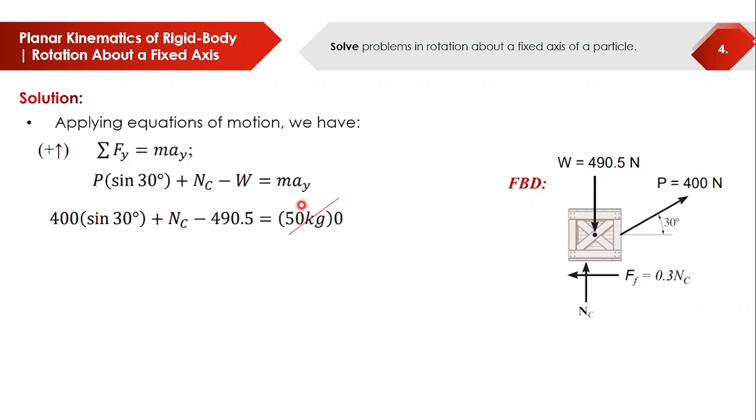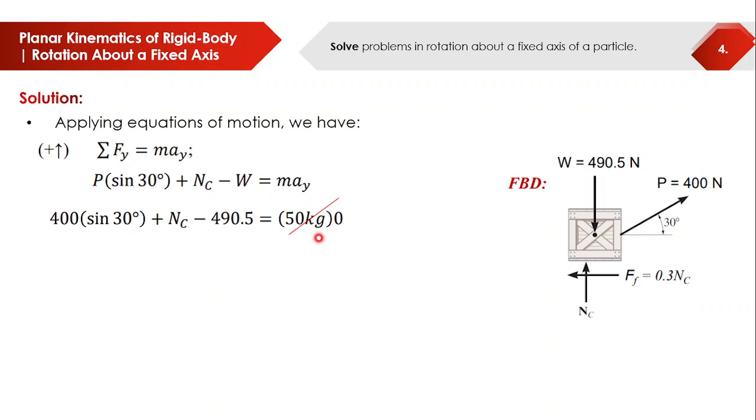So that will be 400 sine 30 degrees plus N sub C, that's unknown, then minus 490.5, that's the weight of the crate, is equal to 50 kilograms times 0, since we assume there is no vertical component of acceleration. So that will be equal to 0.